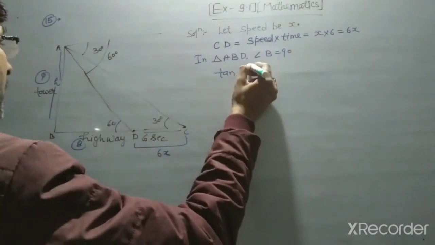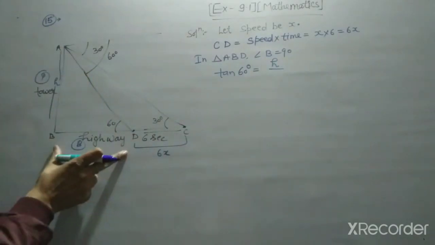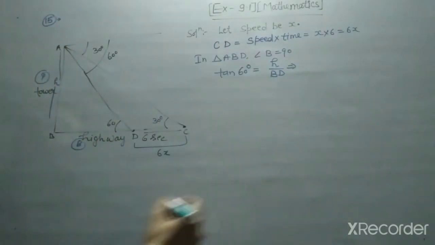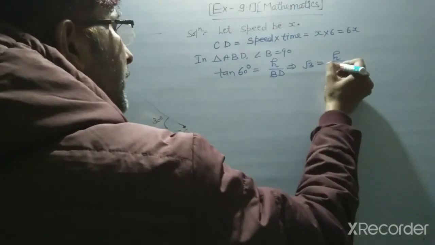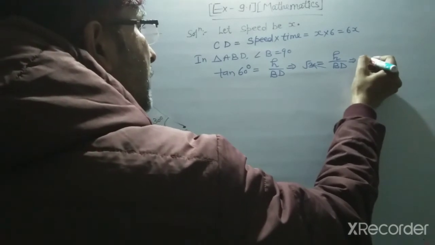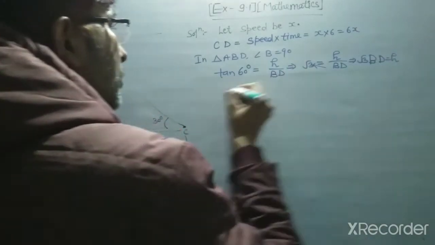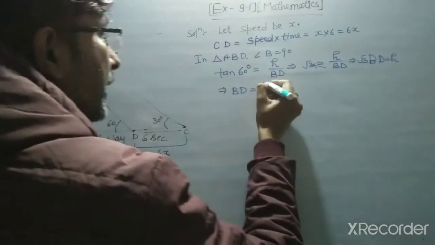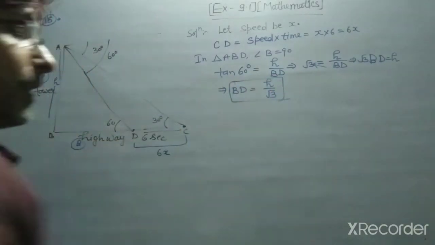So tan 60 is equal to h, the height of the tower, upon BD. What is the value of tan 60? Tan 60 is root 3. So root 3 equals h upon BD, and doing the cross multiplication, root 3 BD is equal to h. So BD is equal to h upon root 3. Okay, so this is the value of BD.